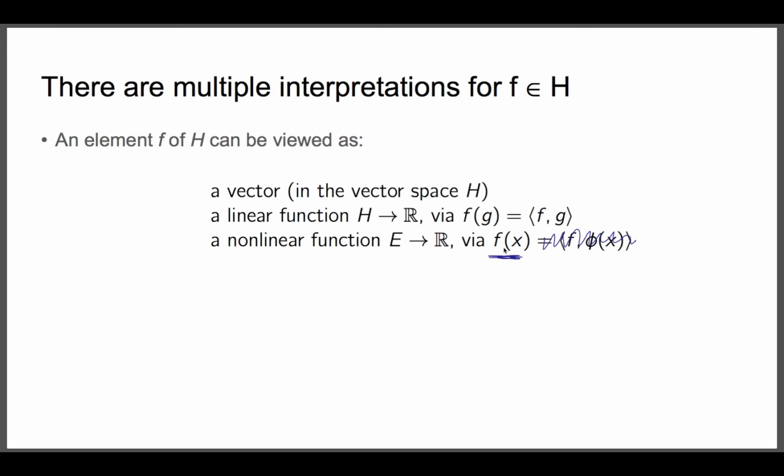So you can take this function in a vector space and interpret it just as a function that you can apply to an example, or you can interpret it as a vector. Or, because we have an inner product on the vector space, you can think of it as a linear function.